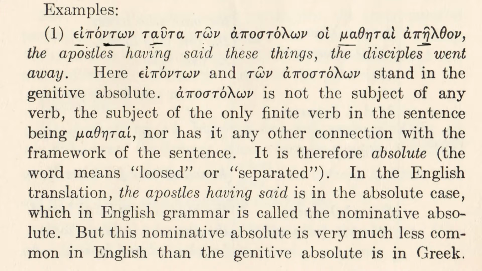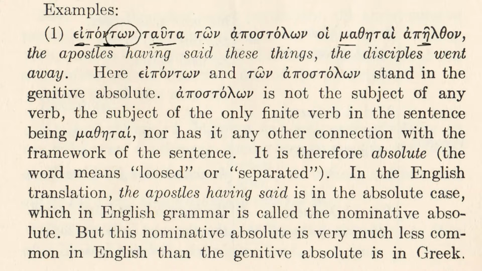It therefore has the present participle ending, but the second aorist stem, and so it's going to be something like having said. Now that's all I know so far, but I do notice it's in the genitive here, and so I'm at least suspicious that I may be dealing with a genitive absolute. We'll let the rest of the sentence confirm that point.